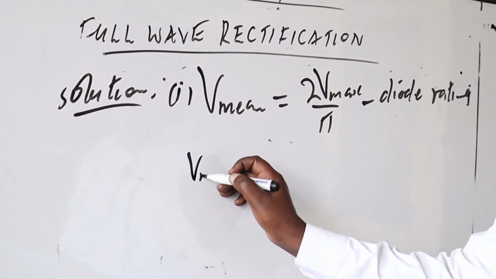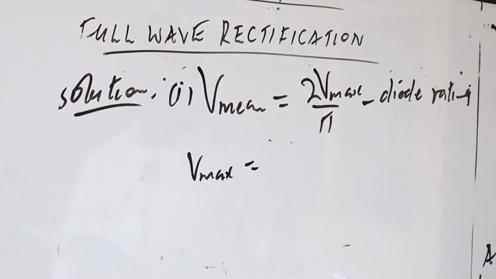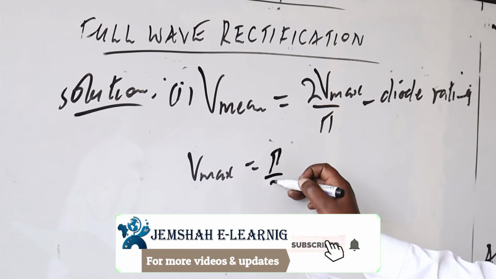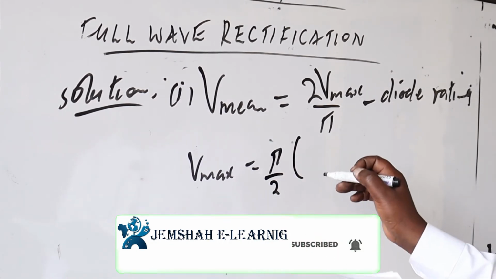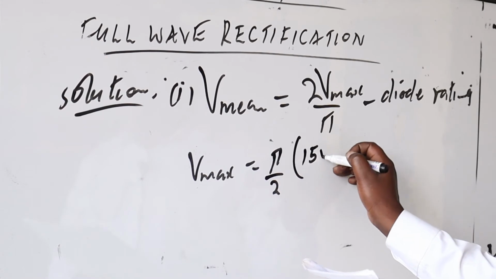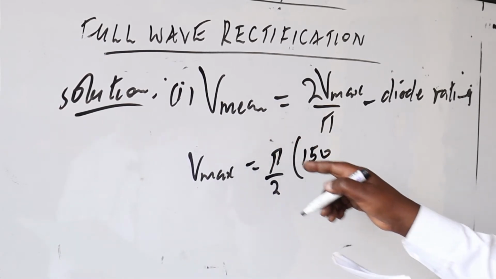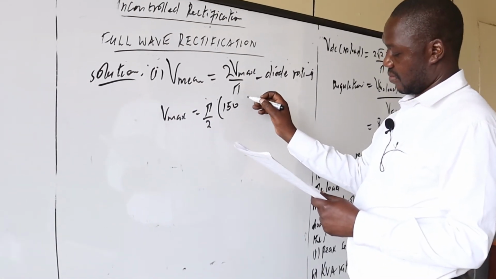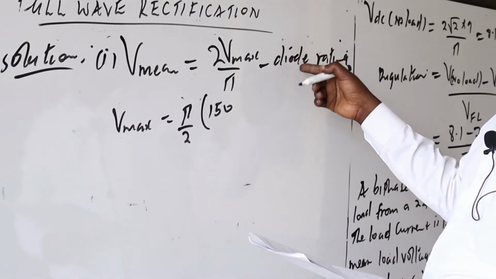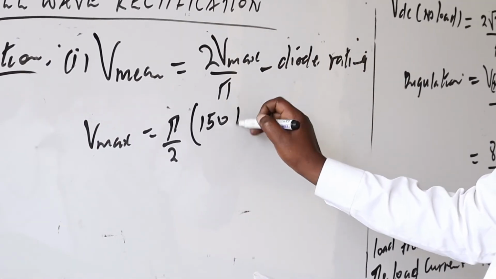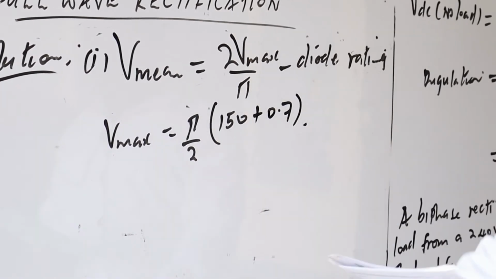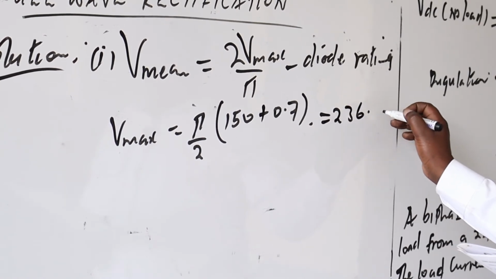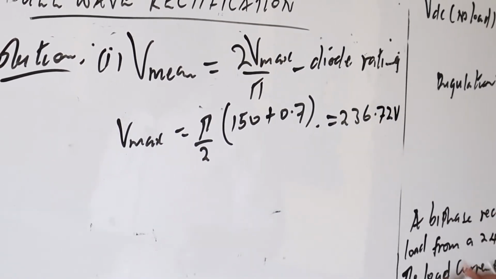Vmax will be given by pi over 2 into 150, because V mean was given as 150 volts, plus 0.7, because the diode rating goes to the other side. It gives us the Vmax as 236.72 volts.